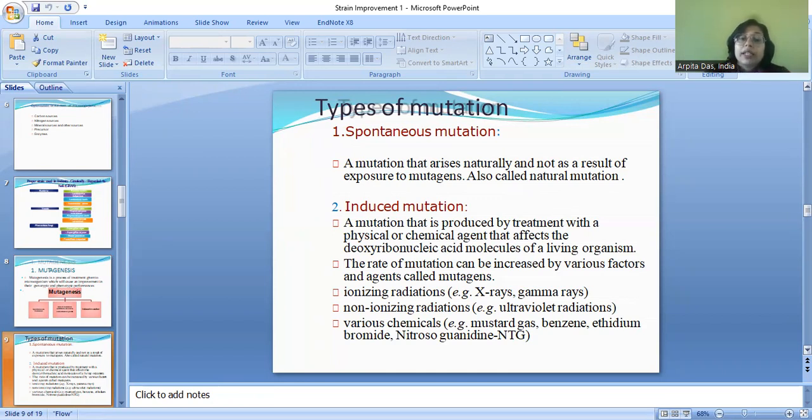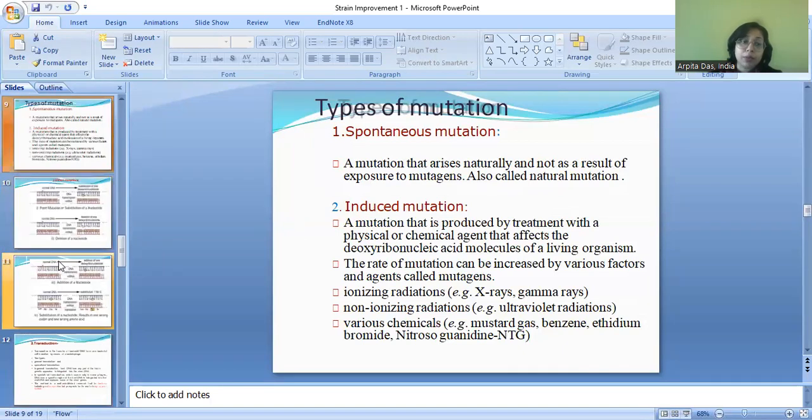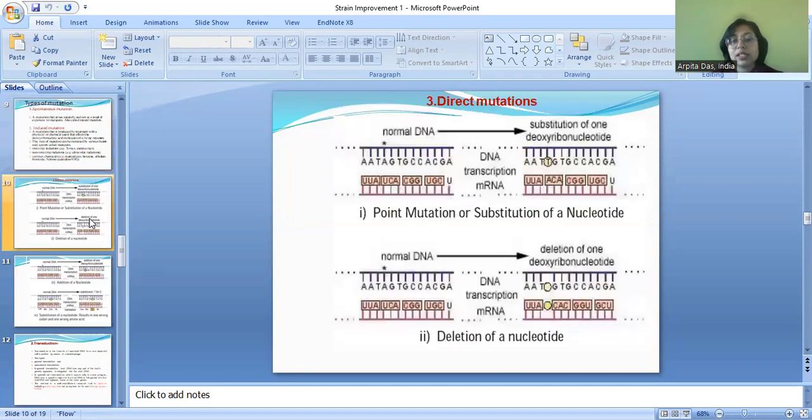Now, there are various types of mutagens, like X-ray, gamma ray, ultraviolet ray, and various chemicals like mustard gas, benzene, ethidium bromide. So many mutagens are there in the environment, or we can produce them to create certain mutation.